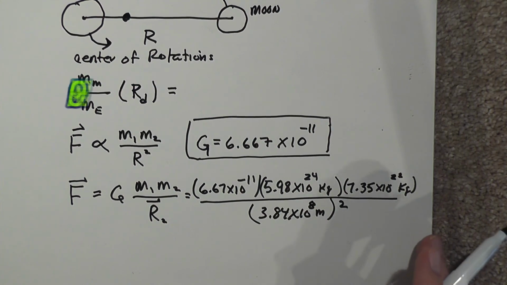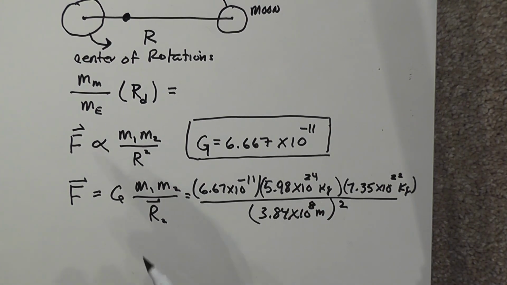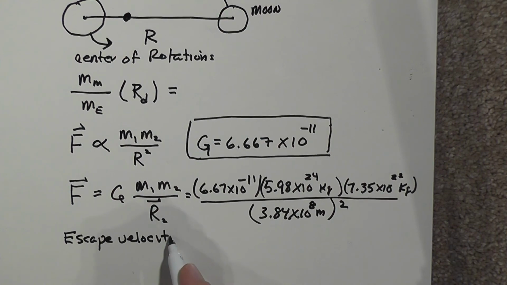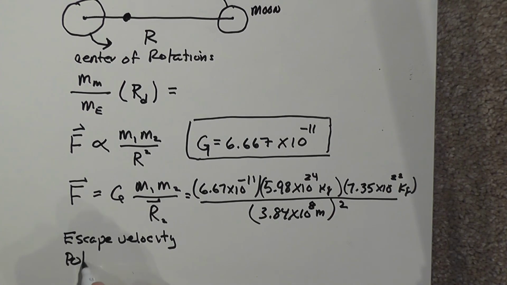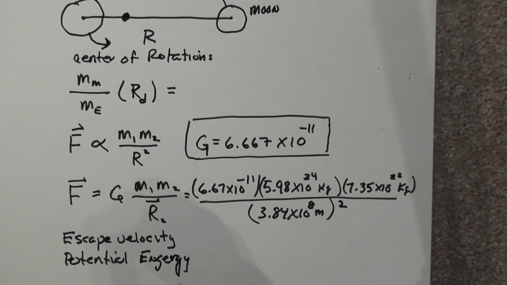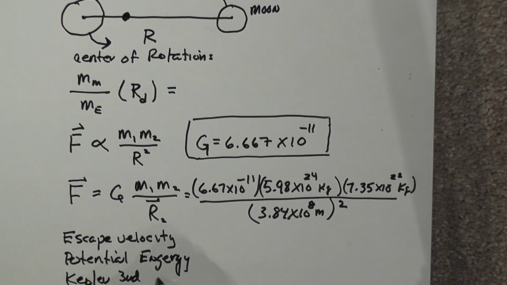Okay, so we're going to take this equation and we're going to turn this into other things, like we're going to look at how to derive escape velocity, how to derive potential energy of, say, a satellite that's orbiting the Earth, and also we're going to show how Kepler's third law is derived.